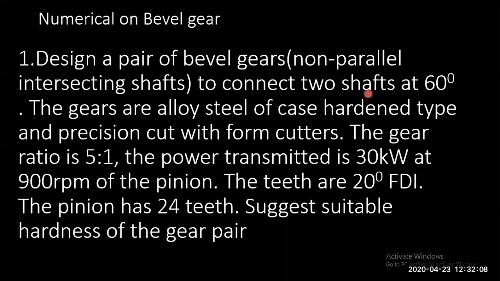Now, this is connecting two shafts at 60 degrees, and this is one more piece of information. None of the questions we saw previously had an angle given between the connections, right? So you can start noting down the data in parallel.